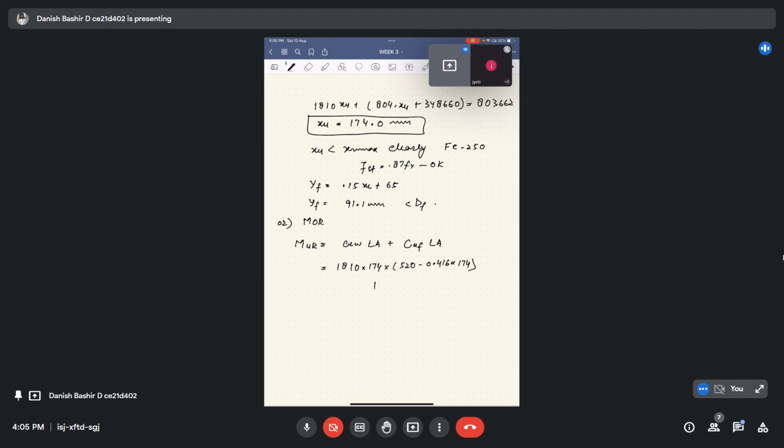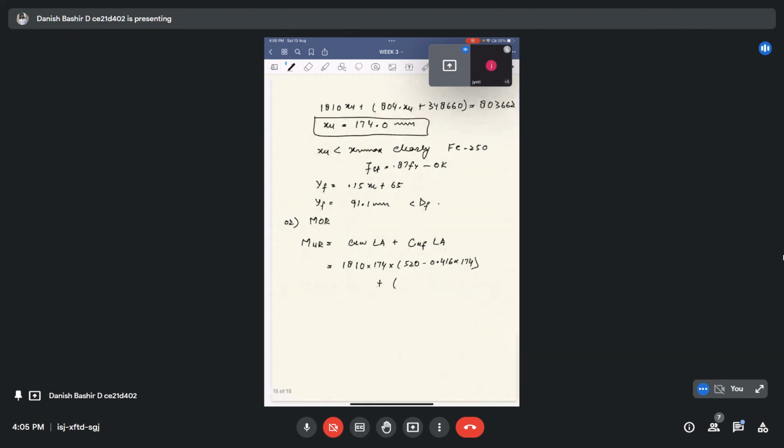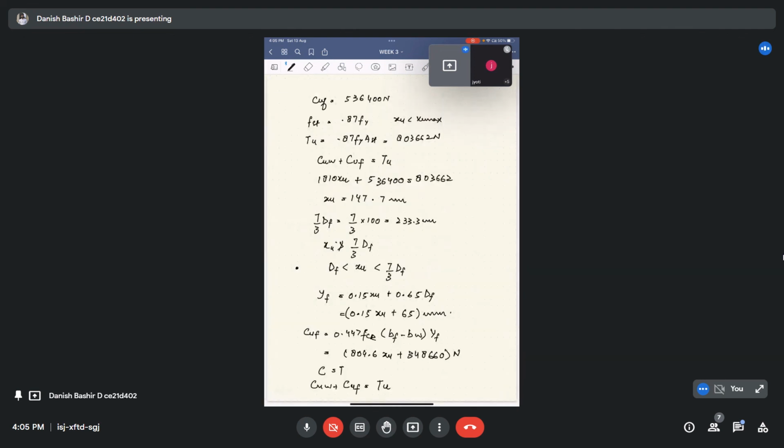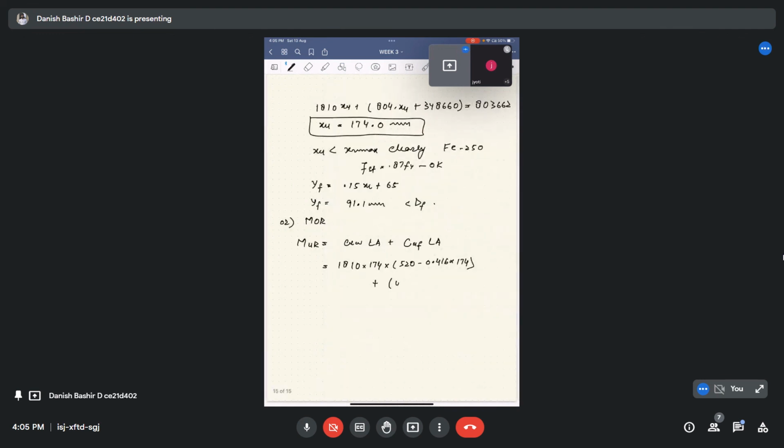For CUF, it is 804.6 times 174 plus 348,660 times D, 520 minus YF by 2, YF 91.1 divided by 2. So the whole will be in Newton mm, because everything is in Newton and mm.